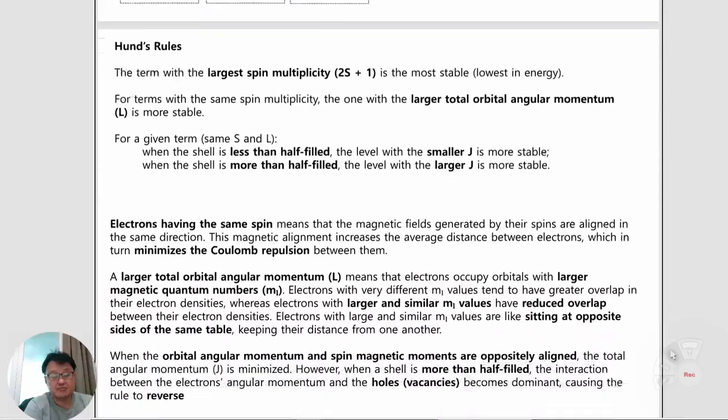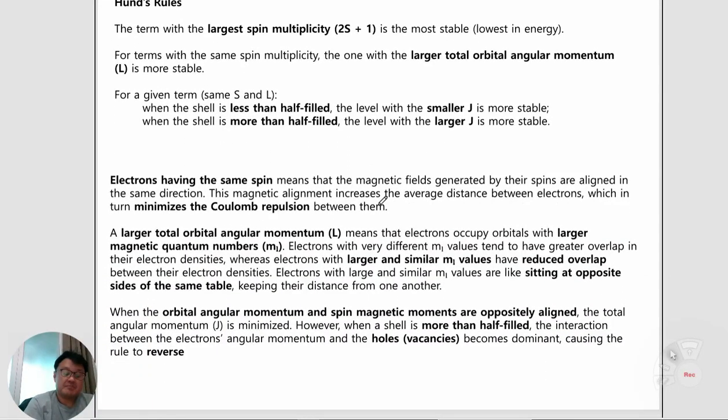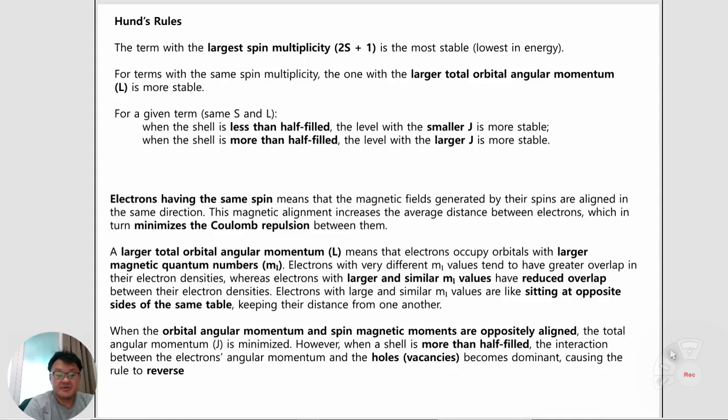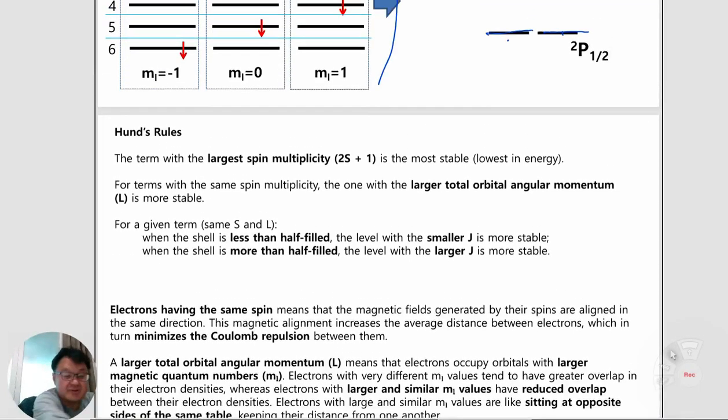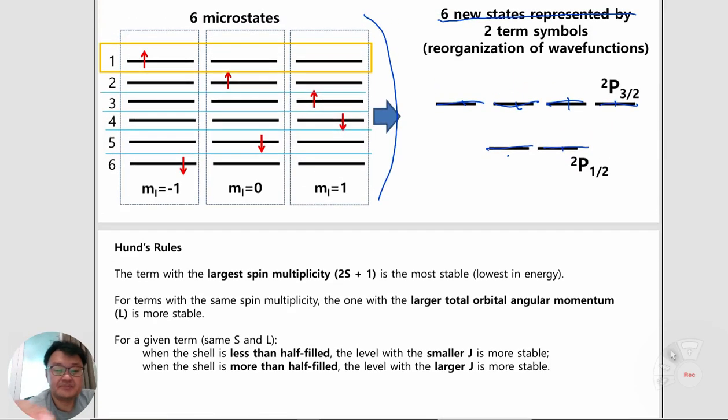So Hund's rule. There are 3 different rules here. The first rule, the rule with the highest priority, is that the term with the largest spin multiplicity, 2S plus 1, is the most stable one or lowest in energy. The spin multiplicity is this one.